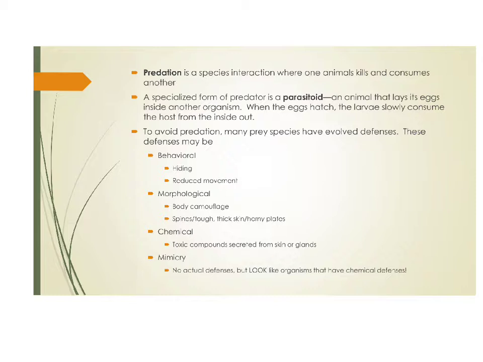And finally, there may be mimicry involved, which means that the species actually has no real defenses, but they have evolved to mimic or to look like organisms that have chemical defenses. The production of toxins or chemical compounds takes a lot of metabolic energy for an organism. So a lot of organisms have, I don't want to say they've chosen, but through the process of natural selection, they have evolved to look like dangerous or toxic creatures.